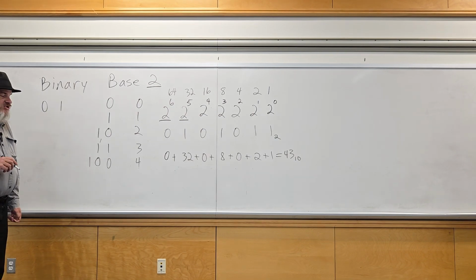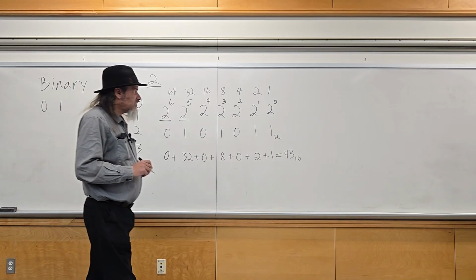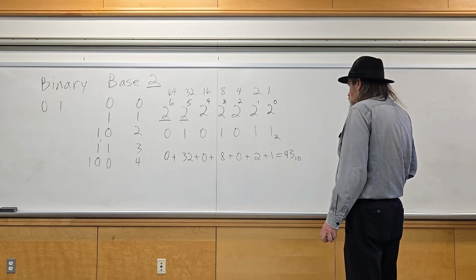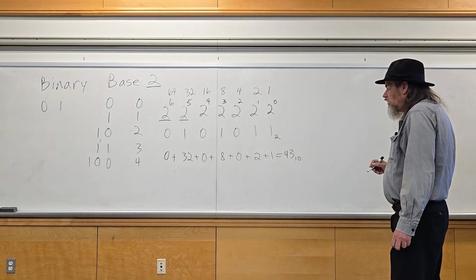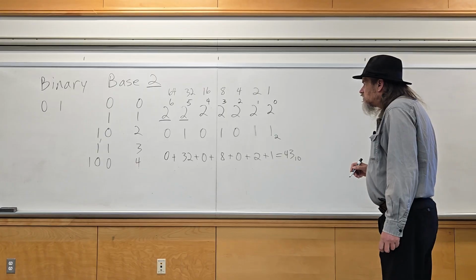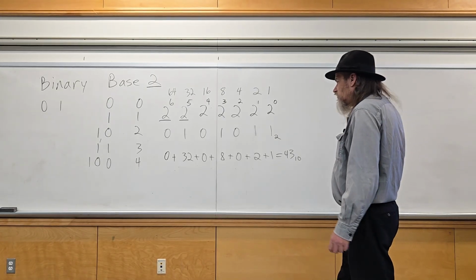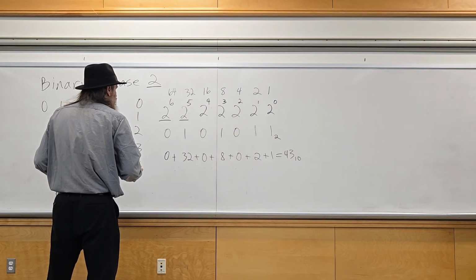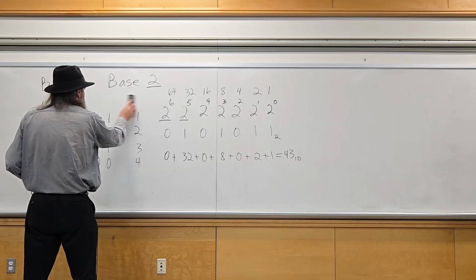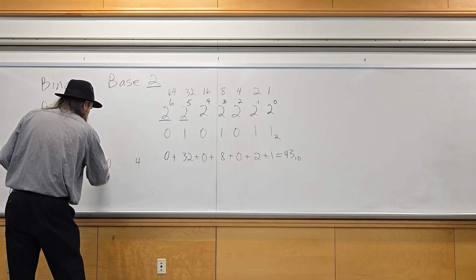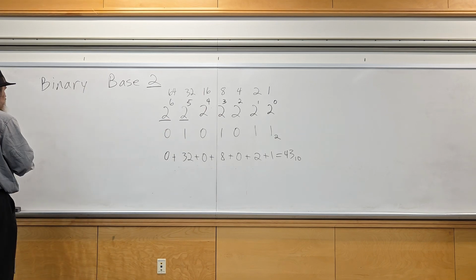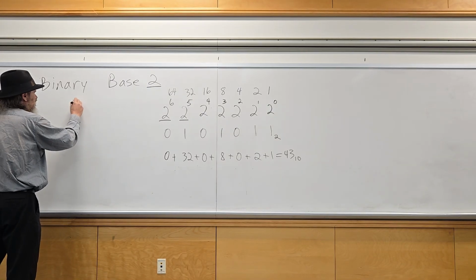Now to go the other direction, convert something from base 10 to base 2. I don't have enough room here, so I'm going to erase some of this. Say you have a number 74.